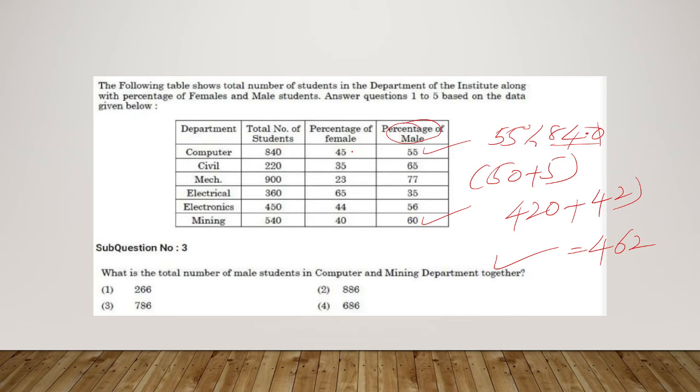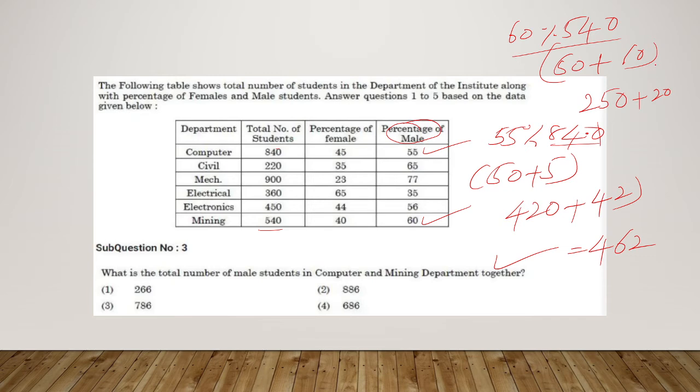This is the percentage of male in computer. And mining, 60% of 540. That means 50% plus 10%. Okay, 50% of 540 is half of that. 250 is half of 500 and 20 is half of 40.